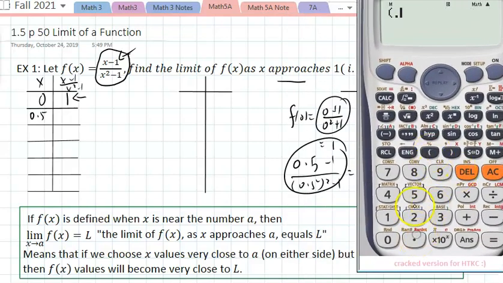Instead of saying, let's take 0.5 minus 1 divided by 0.5 squared minus 1, instead of doing that, you could do this. If you put 0.5 enter, now it's stored 0.5 in Answer.